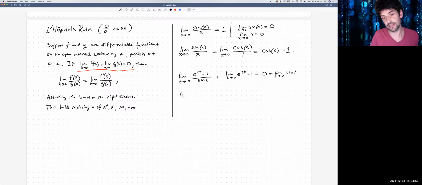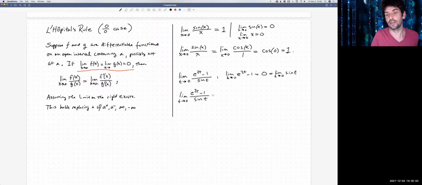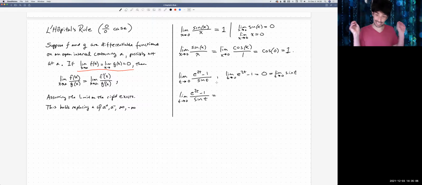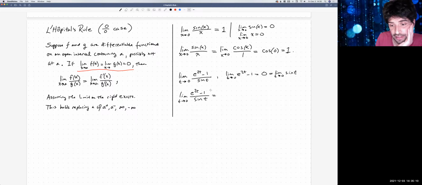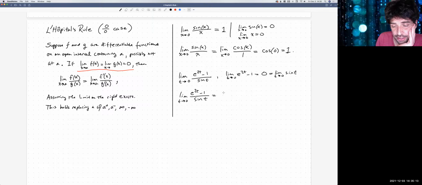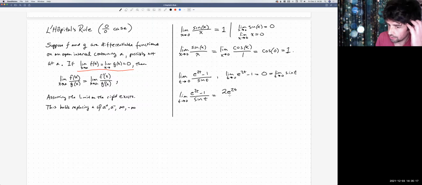So that means we can take this limit as t goes to 0 of e to the 2t minus 1 over sine t, and just take the derivative of the numerator and the denominator separately. Again, not the quotient rule. It's much simpler than that. Derivative of the numerator is 2e to the 2t, using a little chain rule there.